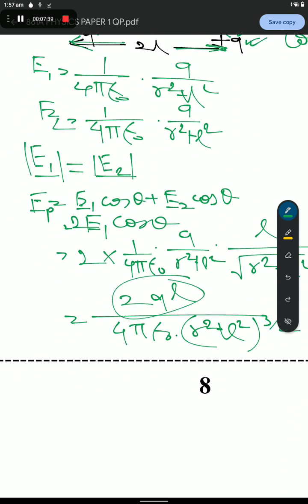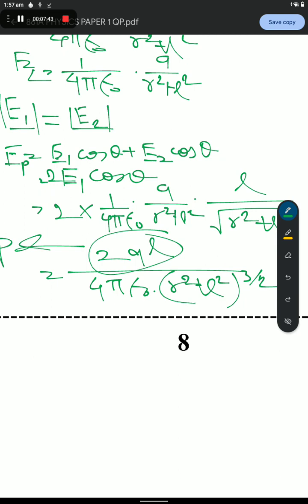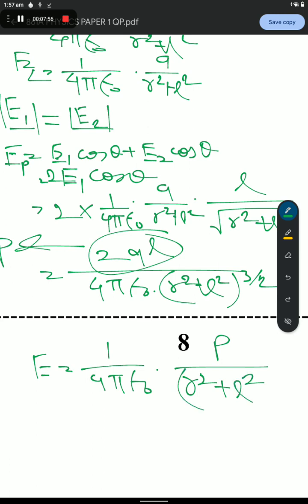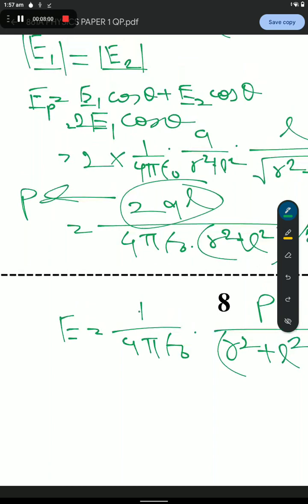Now we know that 2ql is equal to P, which is the electric dipole moment. So your E eventually becomes 1 by 4 pi epsilon naught times P by r square plus l square to the power 3 by 2.